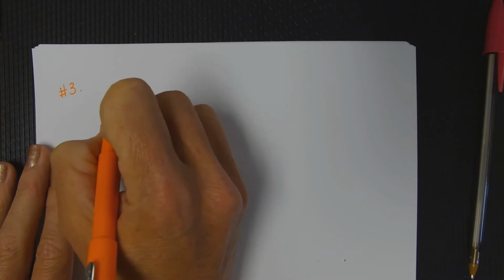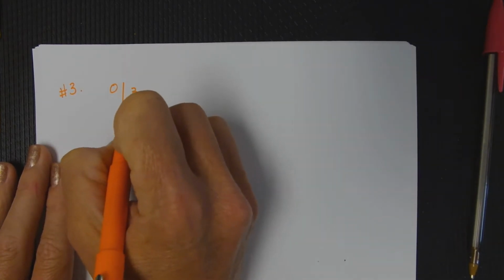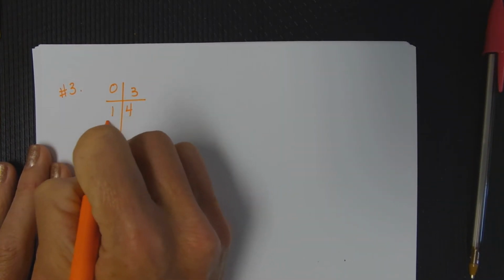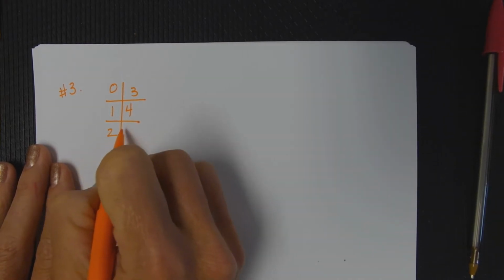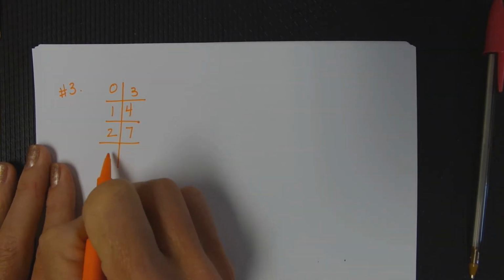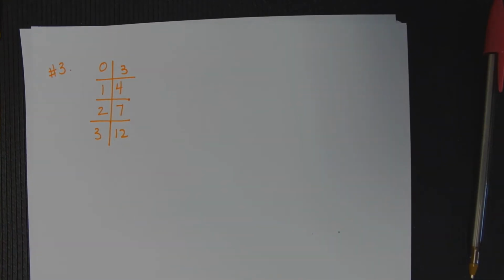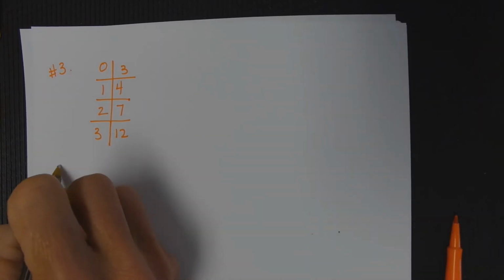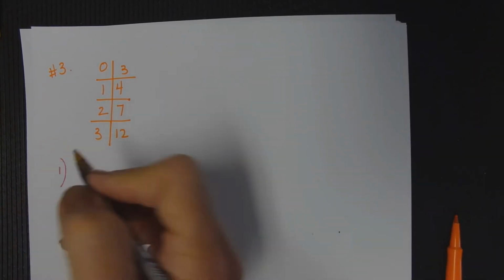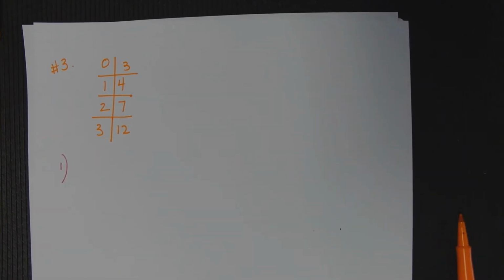So we have 0, 3, 1, 4, 2, 7, and what's the last one? 3, 12? Okay. I'm going to use some different colors here. If you like to do that, this is a good time. So first rule is, make sure we're on the same page.